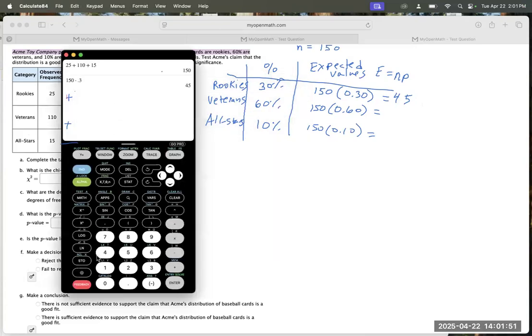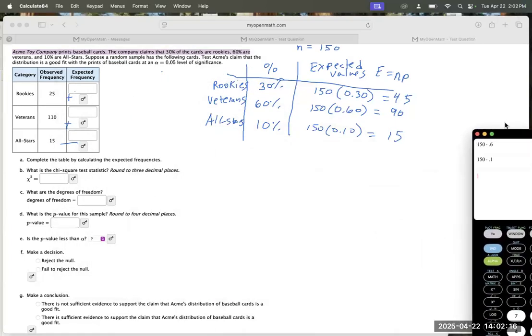Then 150 times 0.6, that's going to be 90, and then 150 times 0.1, 15. So it's 45, 90, and 15.